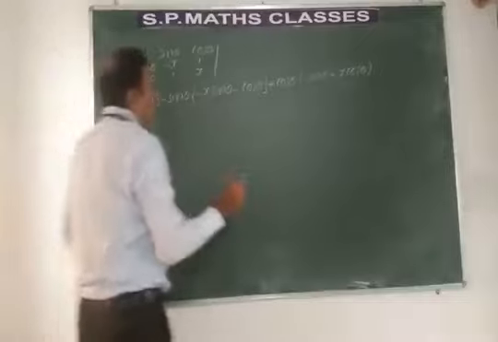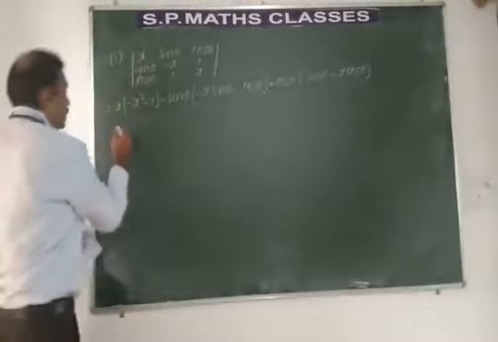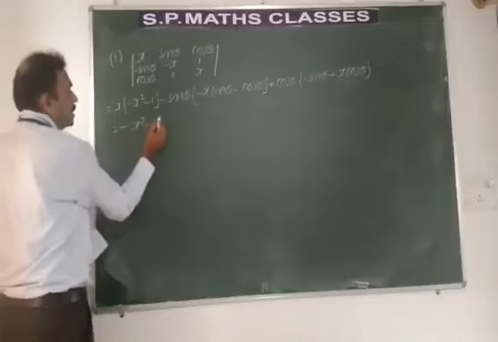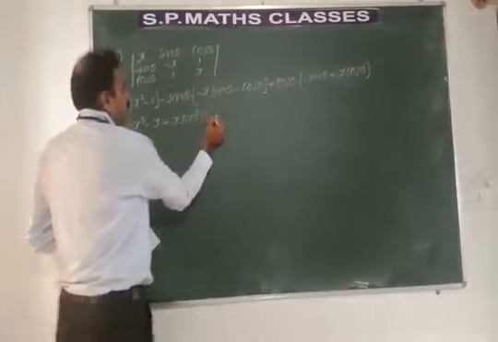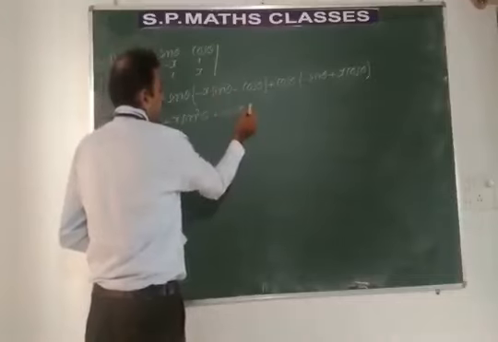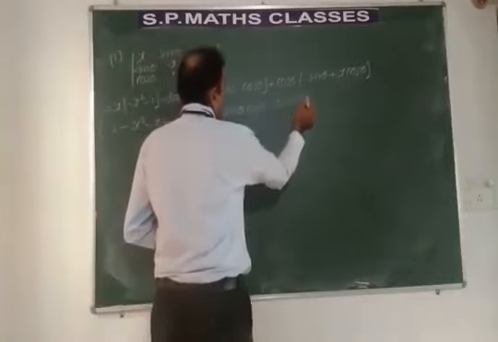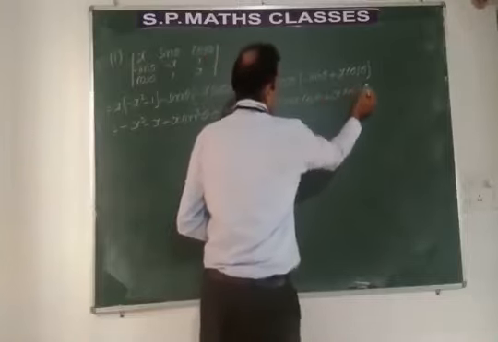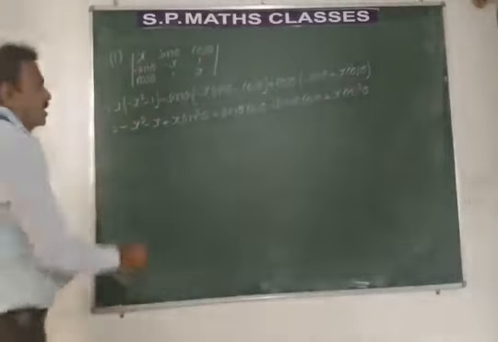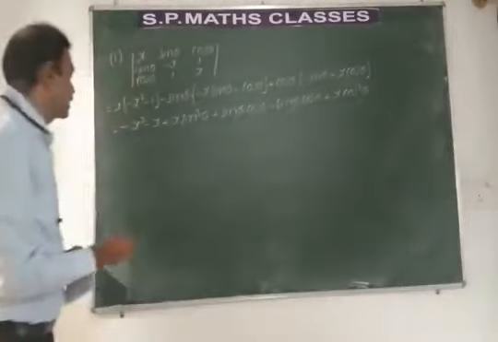Now multiply: minus x cube minus x plus x sin square theta plus sin theta cos theta minus sin theta cos theta plus x into cos square theta. I think you have understood how we got this. Plus sin theta cos theta minus sin theta cos theta cancels.